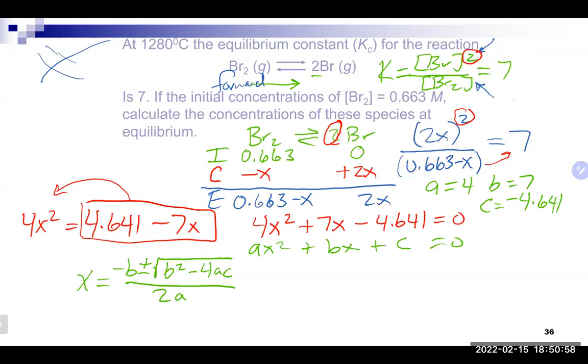Now, one last thing here before we wrap up for today: we talked about Q, right? In this particular case, you could not calculate Q because you were not initially given products. But you could calculate Q if you were, and there could be problems where you're given concentrations of everybody. We would calculate Q, and what it would help us with is the change part.